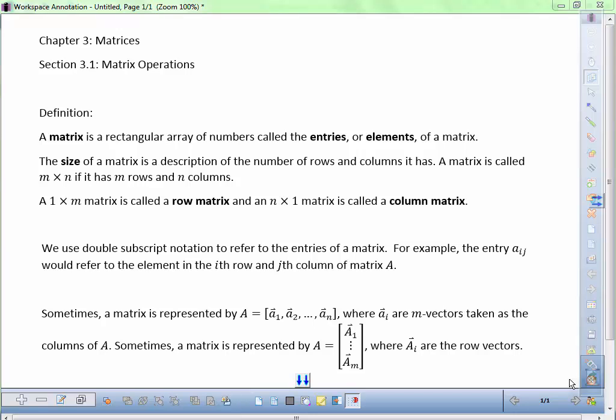And we have a couple of special matrices. Well, there's more than a couple, but two to begin with. A matrix with one row is called a row matrix, and a matrix with one column is called a column matrix. Sometimes we can look at vectors as either a row matrix or a column matrix, and we'll use appropriate notation when we need to.